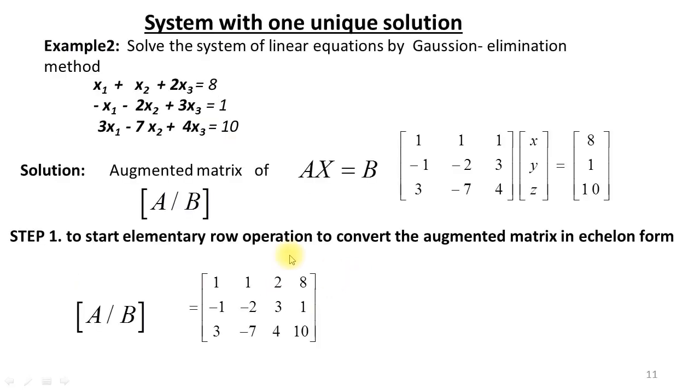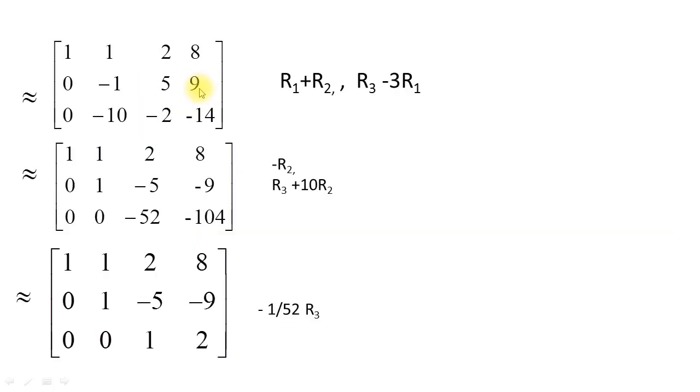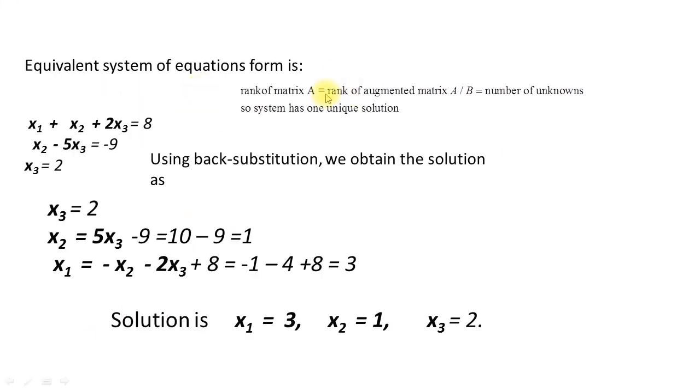In the given system there are 3 unknowns, x1, x2 and x3. So in this echelon matrix, the rank of matrix A is equal to the rank of the augmented matrix and is equal to the number of unknowns.